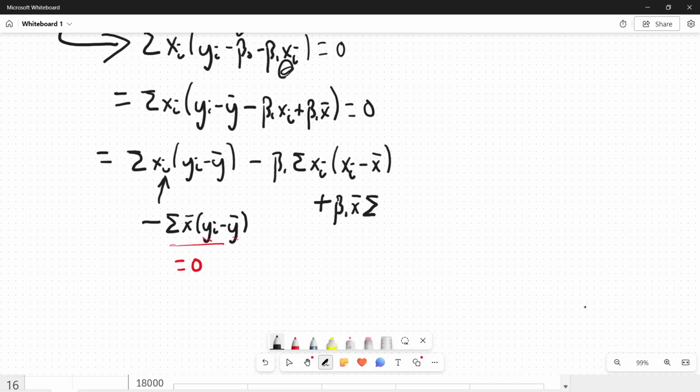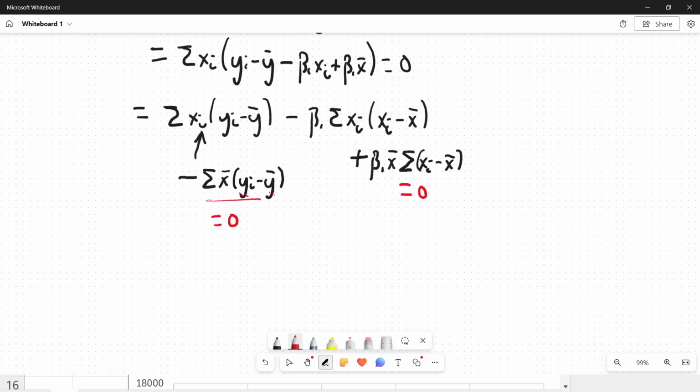X bar times the sum of all the xi minus x bar. Why would I do that? Because, once again, that's actually 0. The sum of all the xi minus x bar is 0, and the rest of this is just a constant times 0. So I can do that, and it does tend to make things a bit cuter.